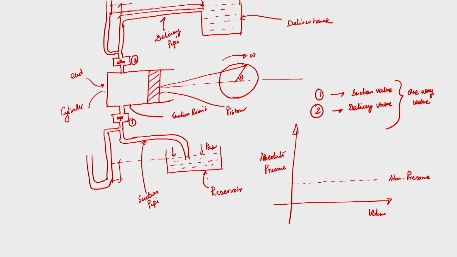Let us say at the end, point A, the pressure inside the cylinder is less than atmospheric pressure. Whenever I am bringing the piston from the piston end to the piston front side, I am assuming constant pressure, but I am increasing the volume. So it will be like this, say this is A, this is B. I am allowing the volume to increase, which is known as the swept volume.